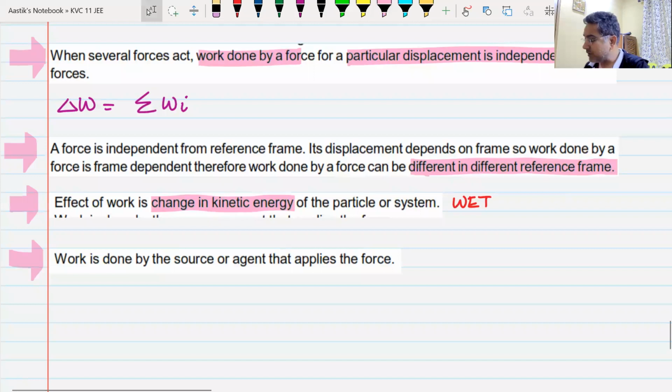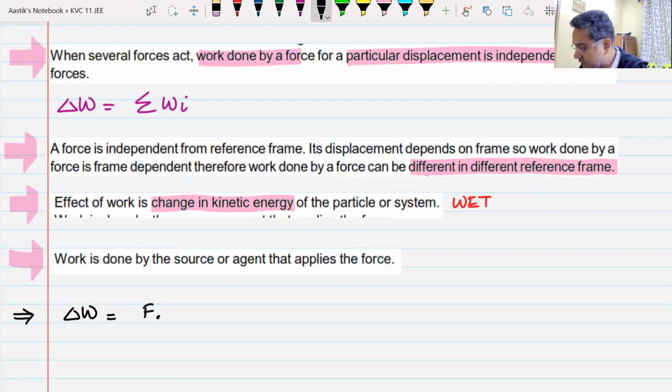Now, if I talk about the formula for work done, in general, it is force dot displacement for a constant force. Whenever we talk about displacement, we have to understand in different cases what this displacement means.